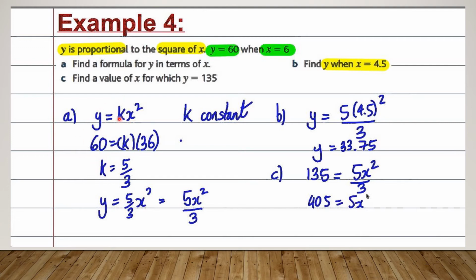Substitute the value of k in this formula, you will get this. In the b part, it is given find y when x is equals to 4.5. We have the value of k, which is 5 by 3. Substitute it in which formula? This formula. You will get the value of y.